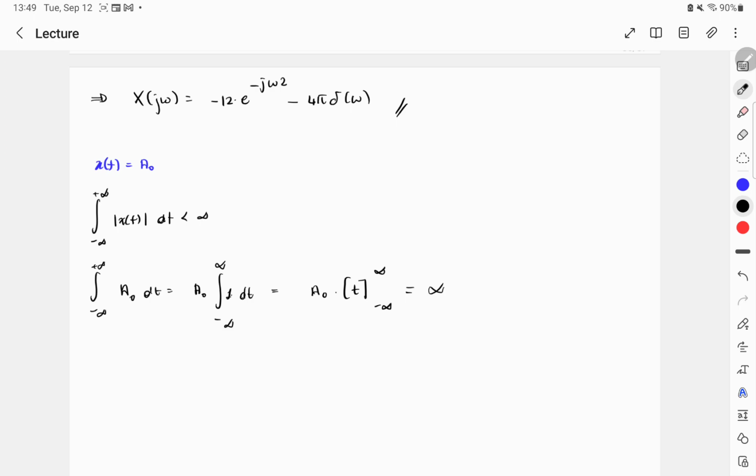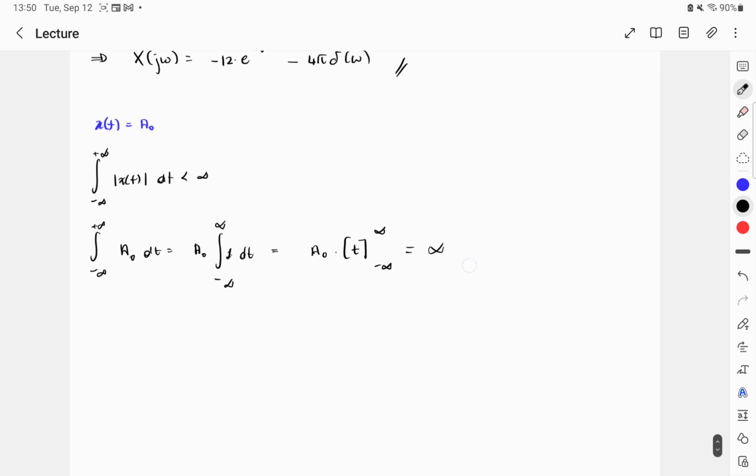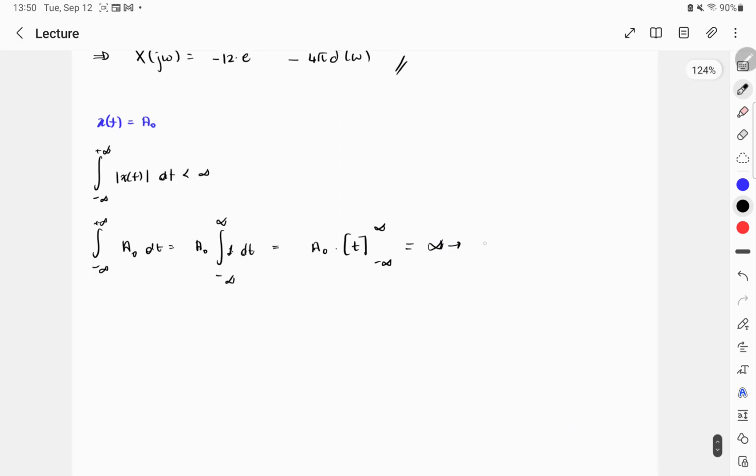It's not that we couldn't calculate it, it's basically infinity and not an absolutely integrable signal. Therefore, we can't use the Fourier transform formula.